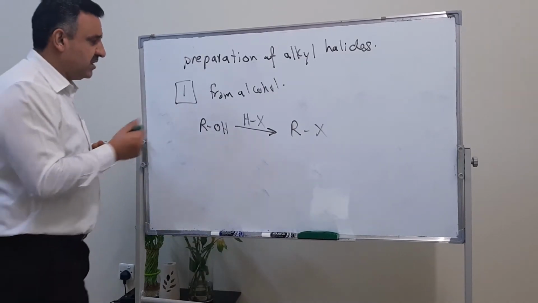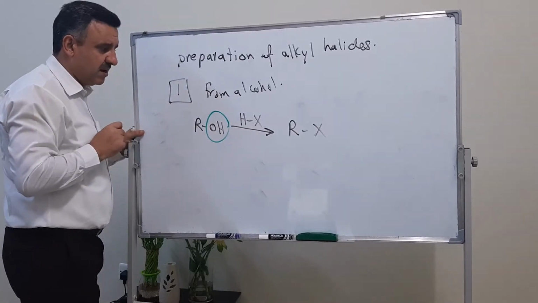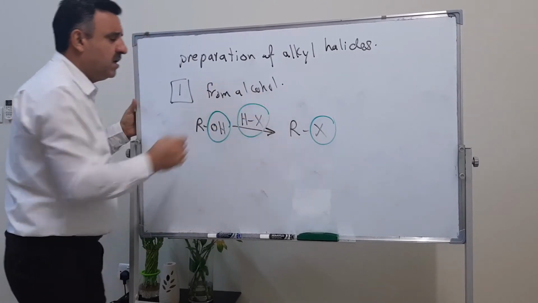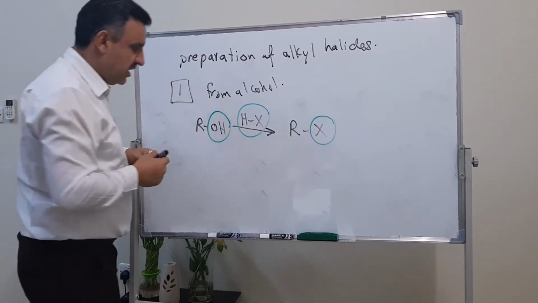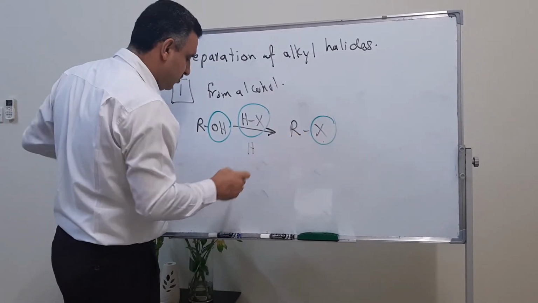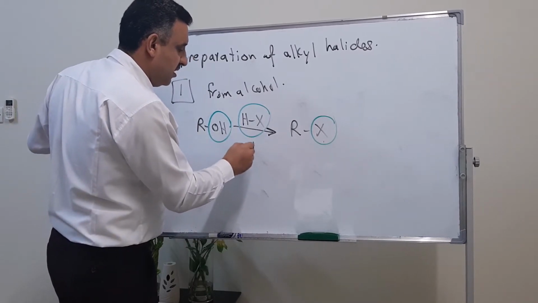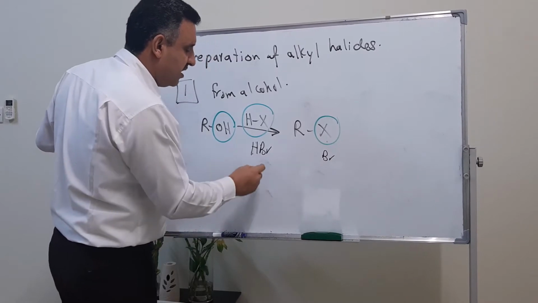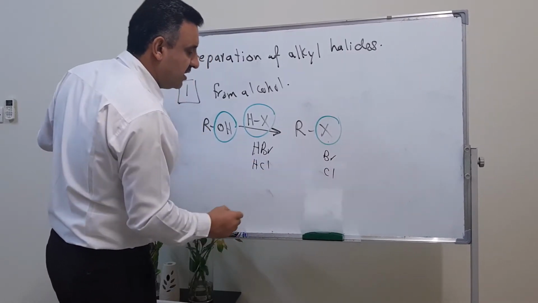So here, as you can see, the OH which was attached to the carbon will be replaced by a halogen by reacting with the corresponding hydrogen halide. If you want to introduce, for example, a Br, then for sure you should use HBr. If you allow it to react with HCl, then you are going to get a Cl.